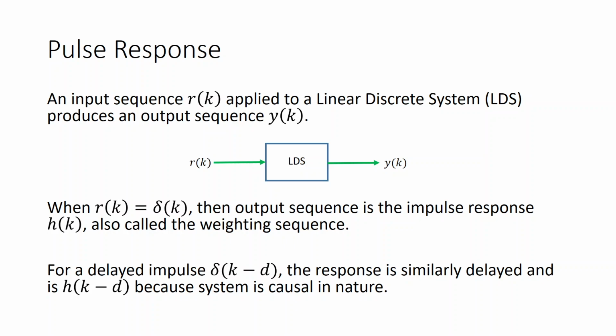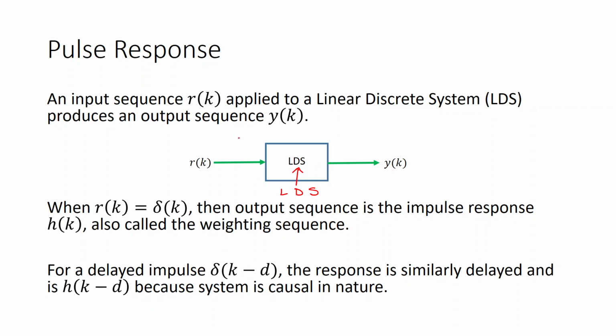So now we can treat this as a discrete time input sequence Rk, and say that such a signal is getting applied to a linear discrete system and producing an output sequence Yk. Here we are not assuming the system to be continuous time; we are assuming this to be a linear discrete system. So this is also a discrete system.